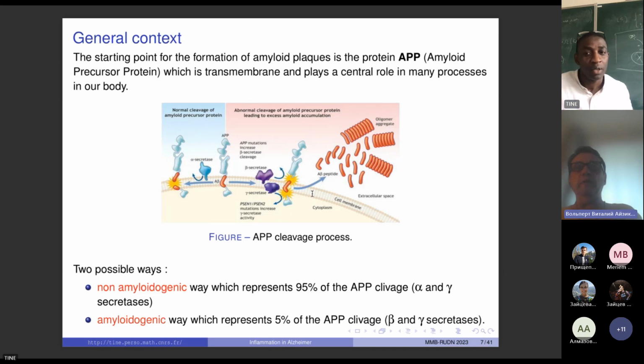Yes, this 5% is, I think, data obtained with people who have Alzheimer's disease.